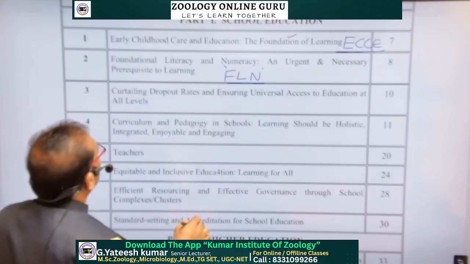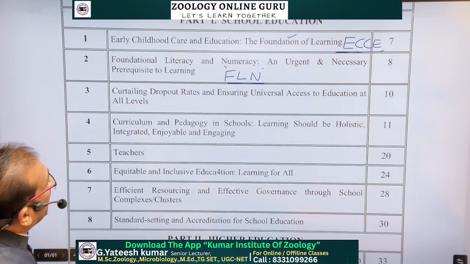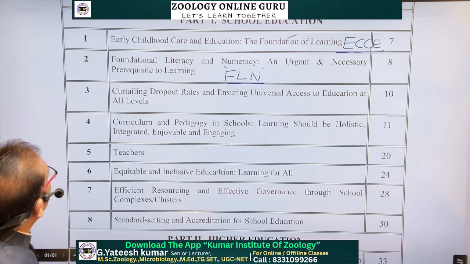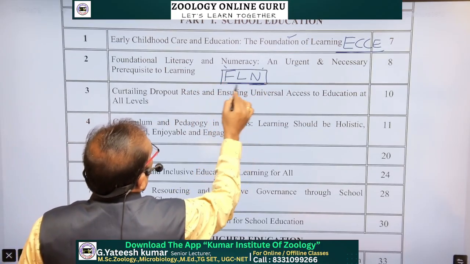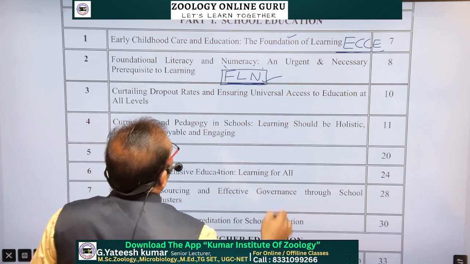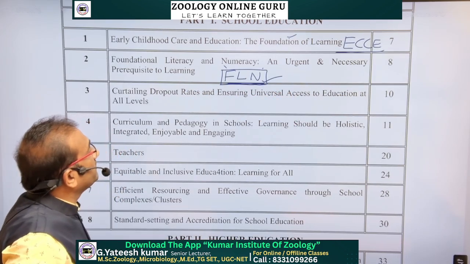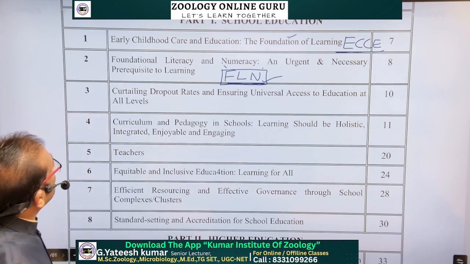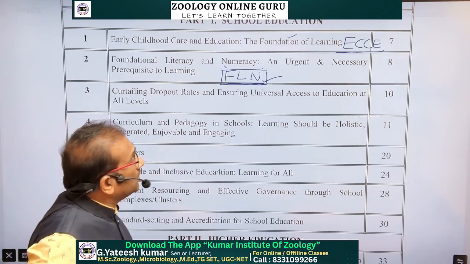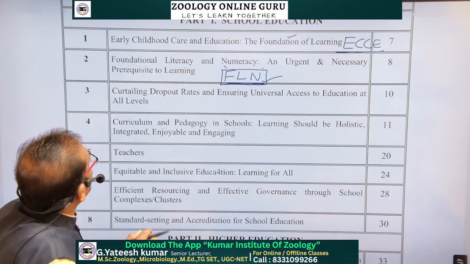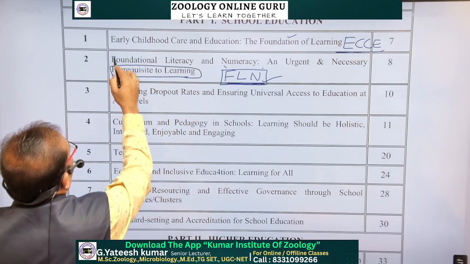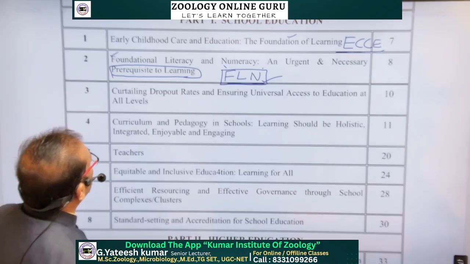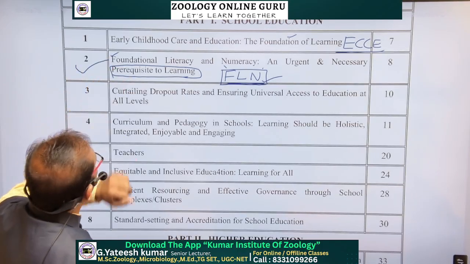This is the foundational literacy and numeracy, an urgent and necessary prerequisite to learning. Nowadays in every government school they are implementing FLN, foundational literacy and numeracy, to enhance the prerequisites in learning. That is present in chapter 2.